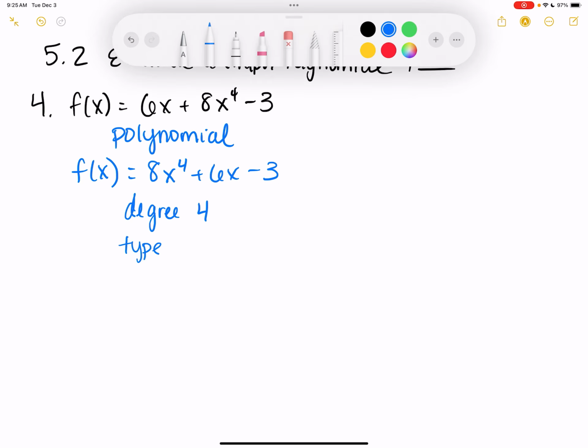If it's degree 4, what type is it? Quartic. And the leading coefficient is the number in front of your highest powered x term, so that would be 8. So I usually just write LC for leading coefficient, which would be 8. So that's all the stuff that these problems are looking for here.